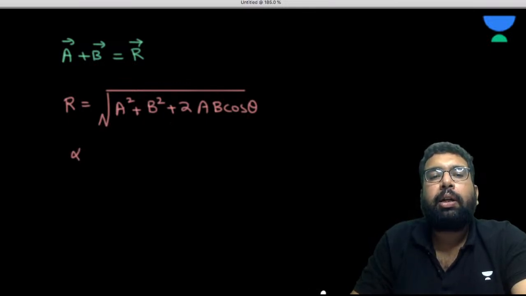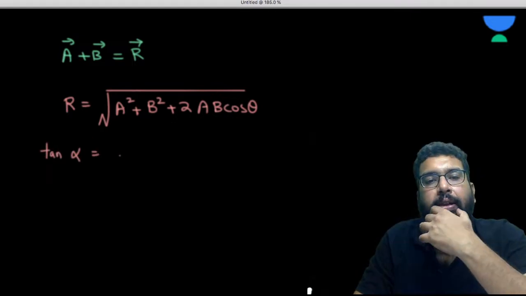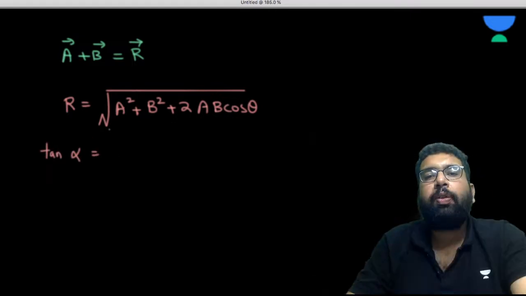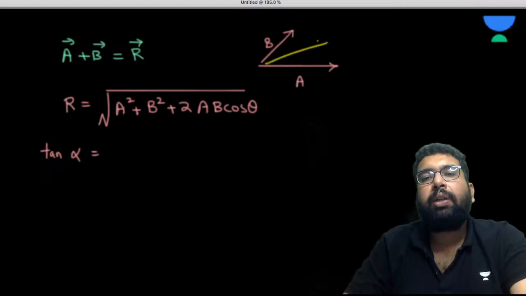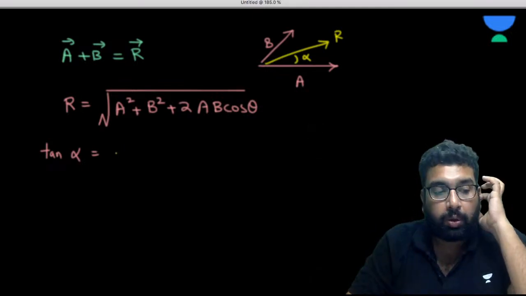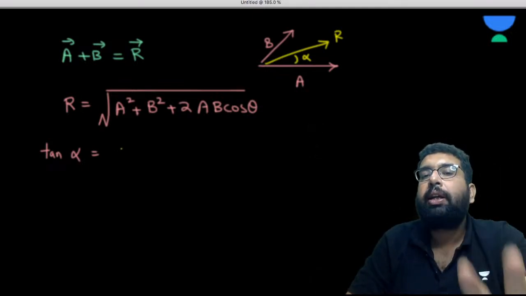And what is going to be the direction, sir? So for direction, tan alpha is equal to, now please observe, if you want to see the angle of this resultant from A, it is very easy to memorize also, although you must know where it came from.